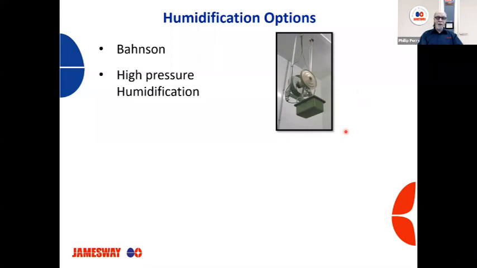Bonson is the more traditional type, used in a lot of the smaller hatcheries. It has a lower cost, but it does require quite a bit of maintenance. It can be a reservoir for bacteria, so it has some concerns.